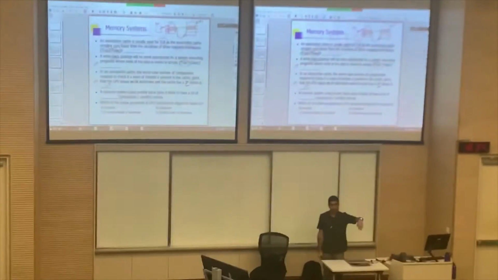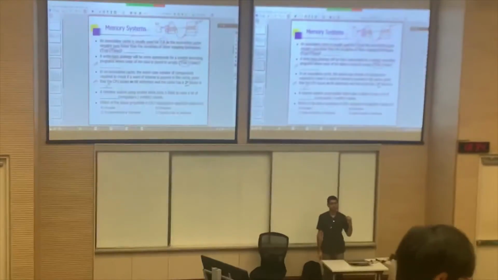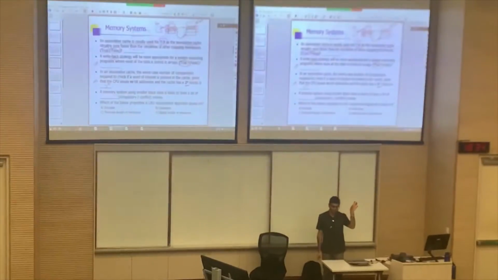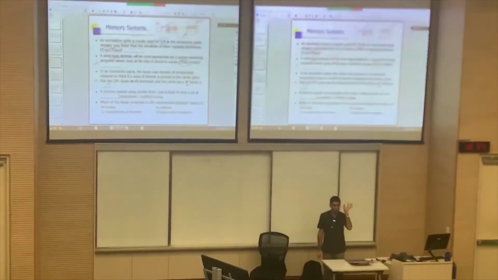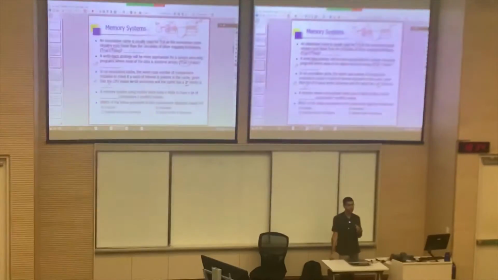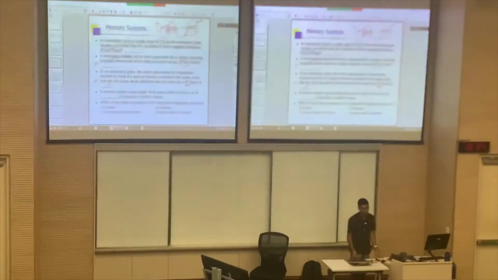If you are lucky enough, you could get a hit before you do the complete comparison, but in the worst case, you may have to compare the higher order bits of the address with the tag field of all the blocks in the cache, because a main memory block can go anywhere in the cache, right? So that's why 2 raised to n possible comparisons.